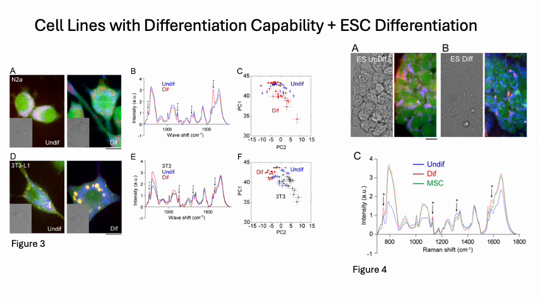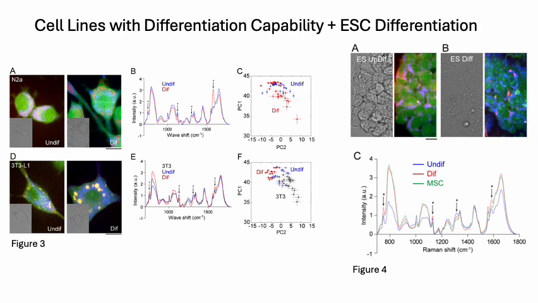And this shift suggests that a consistent change is taking place in nuclear biochemistry. That might include things like changes in chromatin organization, differences in protein expression, or redistribution of mitochondria, all of which Raman spectra is able to detect.